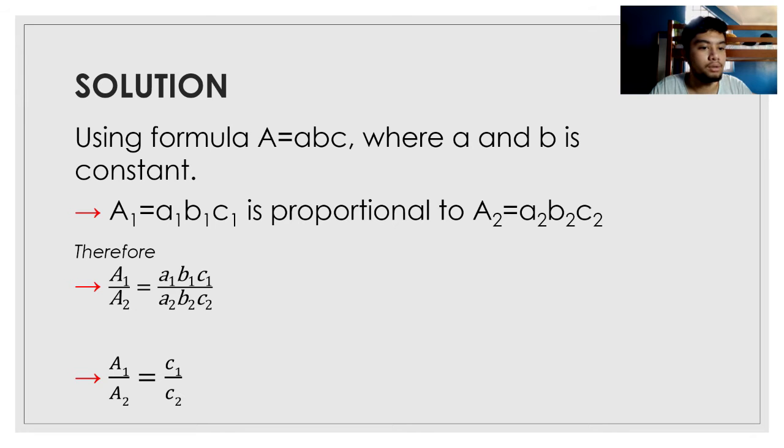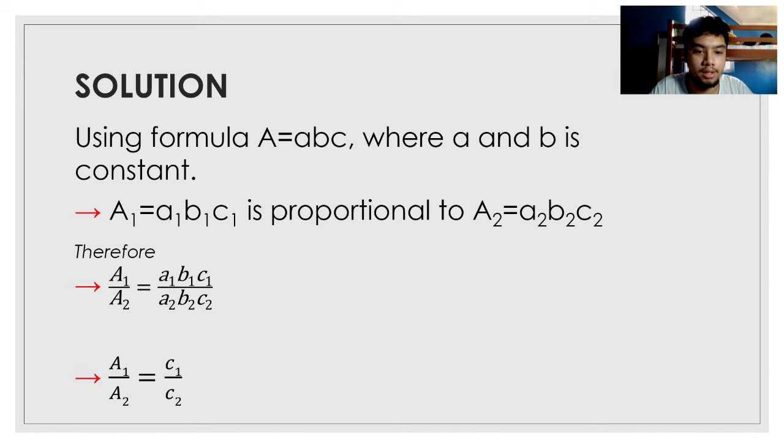Since they weren't given in the problem, but we can tell that they are constant because the problem said that they are measured under identical conditions. So, instead of finding a and b, we can use the ratio and proportionality method.